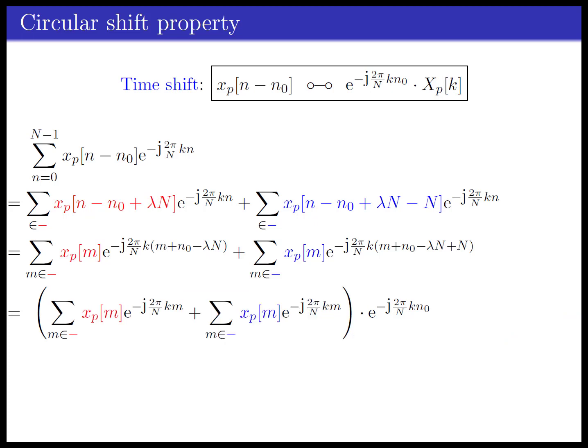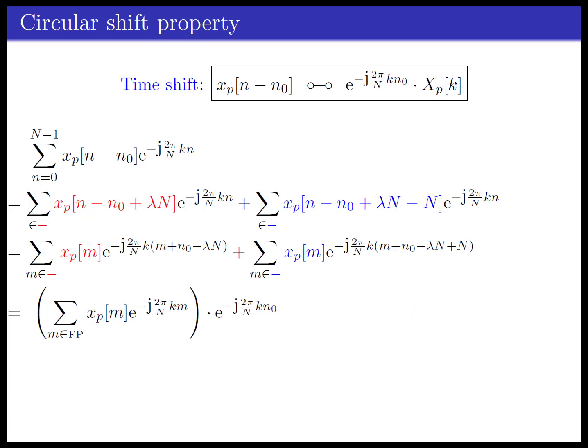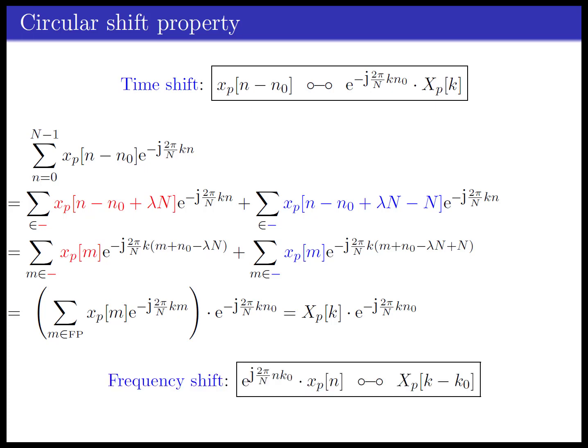The resulting two summations are the same, but each of the indices run over a different part of the fundamental period. When concatenating these two summations, the result between brackets writes as the DFT result of xp[k], which ends the proof. In a similar way, it can be shown that a circular shift in frequency domain results in a multiplication with a complex exponent in time domain.